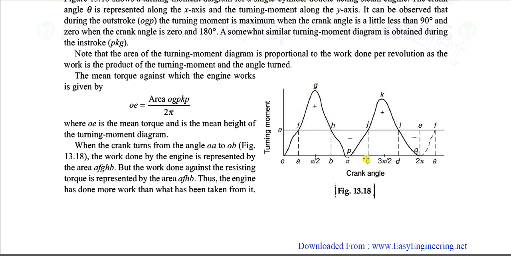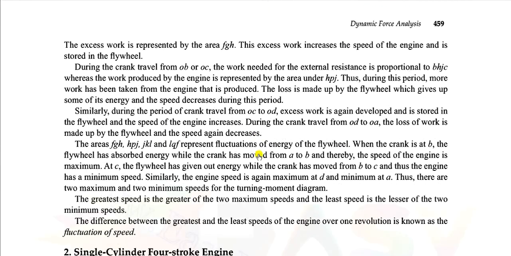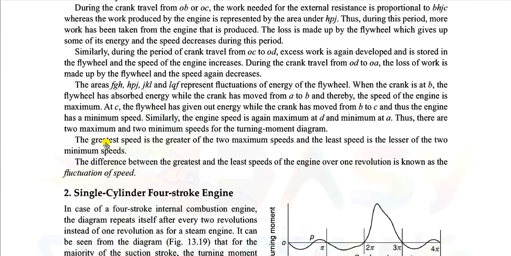And at this point, because it has given out energy, the speed will be minimum. Same for the other 2 points. So the engine speed is again maximum at D and minimum at A. Thus, there are 2 maximum and 2 minimum speeds for the turning moment diagram.